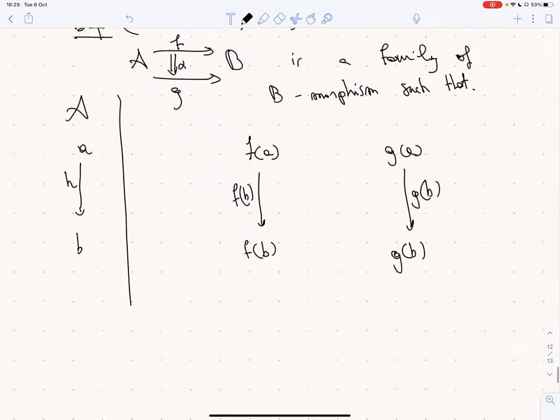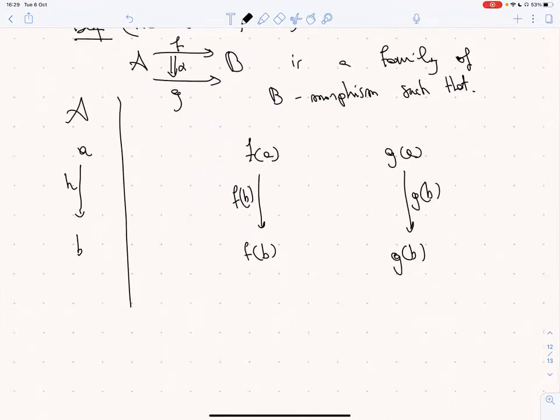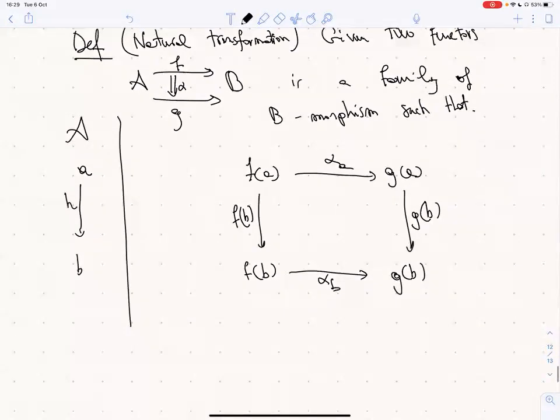So again, what is a natural transformation? It is a family alpha A, alpha B, a family of morphisms alpha going from F of something into G of the same thing.